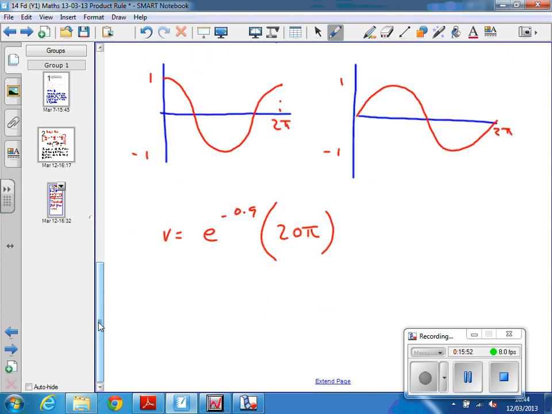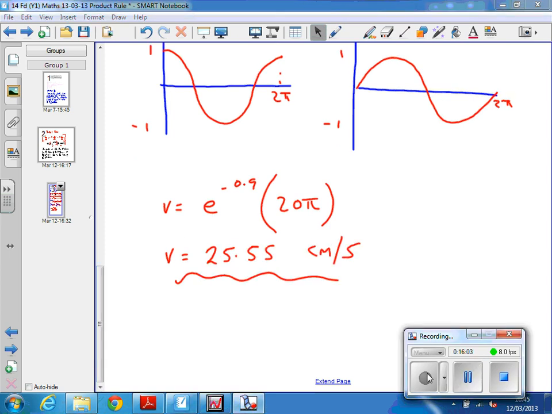So in fact, all we've got to work out on the calculator is that. So what is v, the velocity? The velocity turns out to be about 25.55 centimetres per second to 4 significant figures.